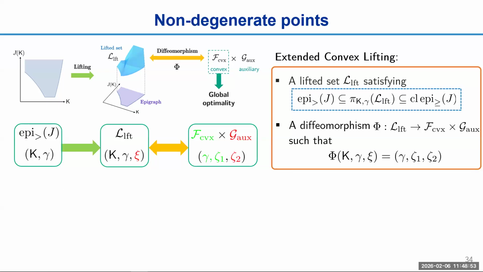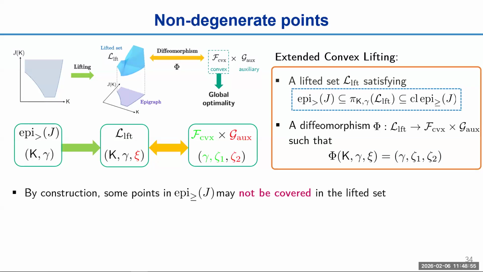Now with this definition, you can see this inclusion. By definition, some points in the epigraph may not be covered by the lifted set, because it is just a part of the epigraph, and this includes the strict epigraph. So we say this point is degenerate for this particular convex lifting.